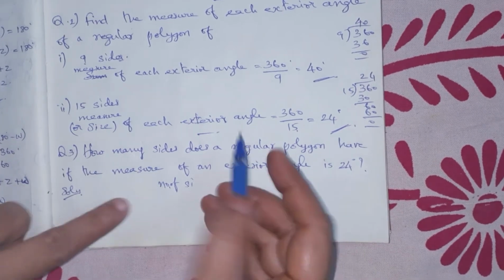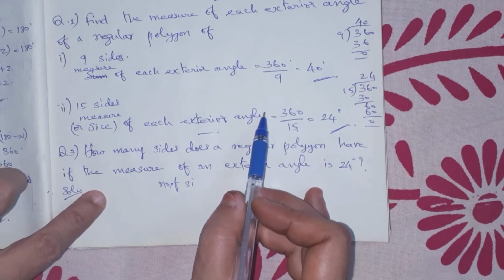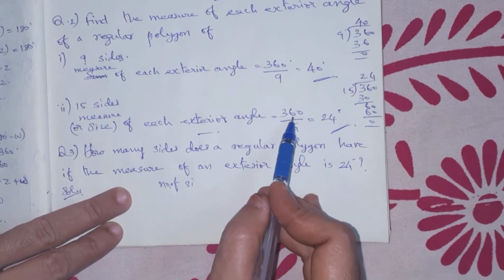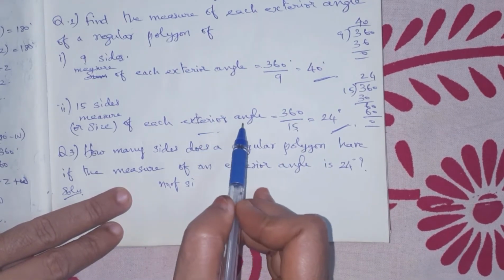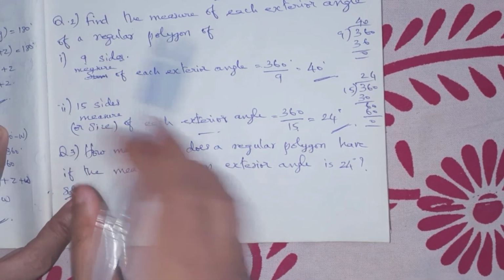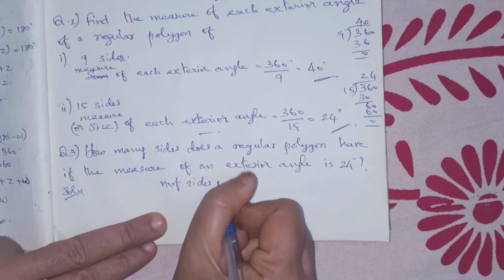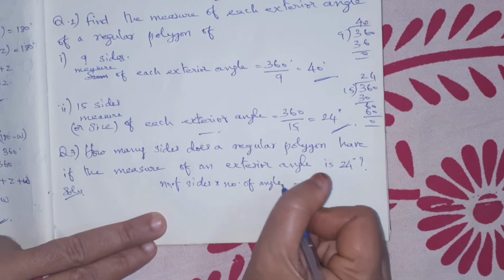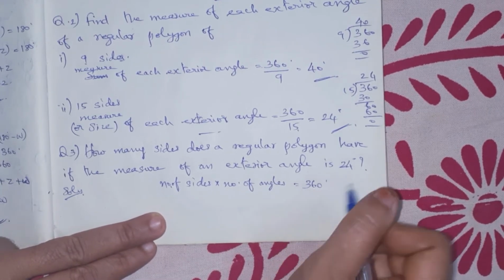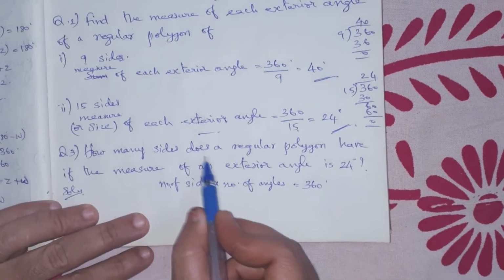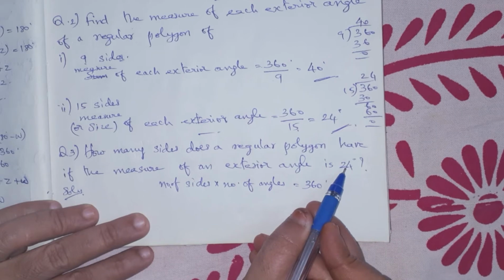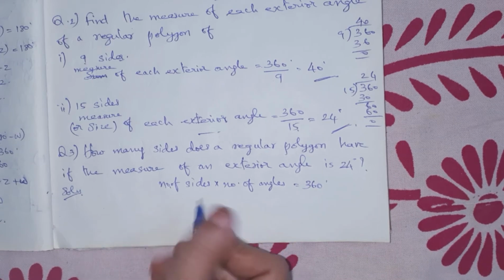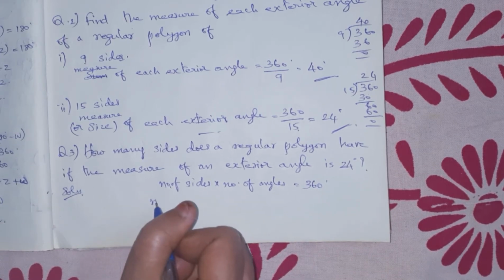We are asked for the sides. From the second sum, we know that number of sides into number of angles equals 360 degrees for the exterior angles of a regular polygon. Here 24 degrees is given.